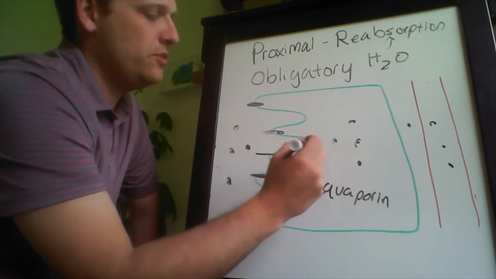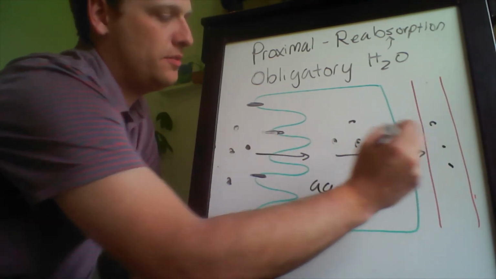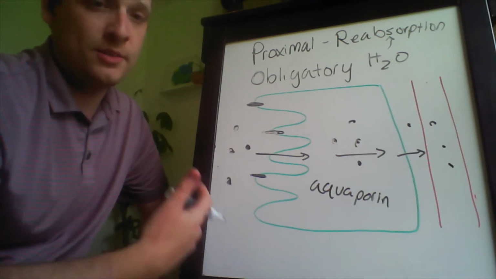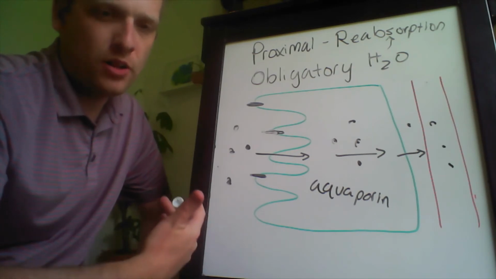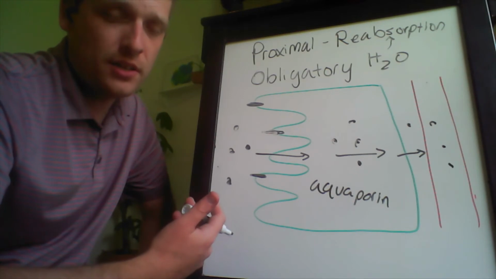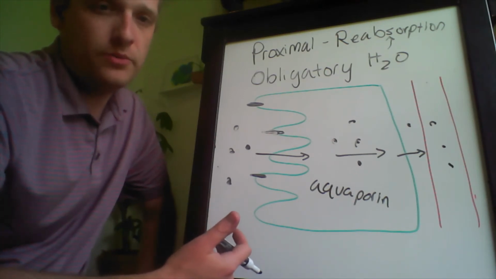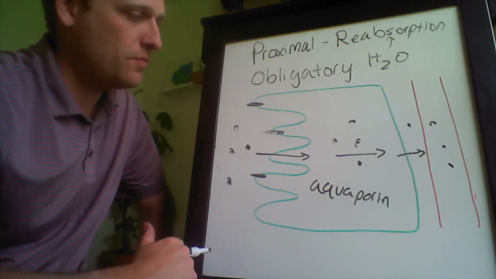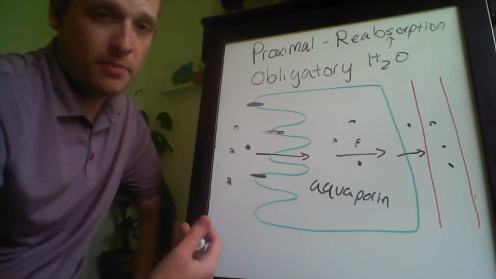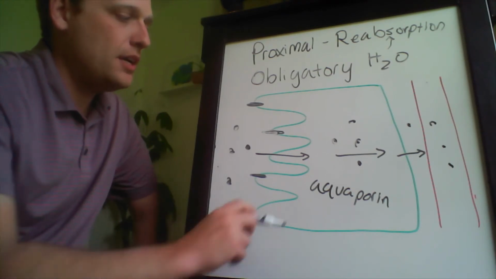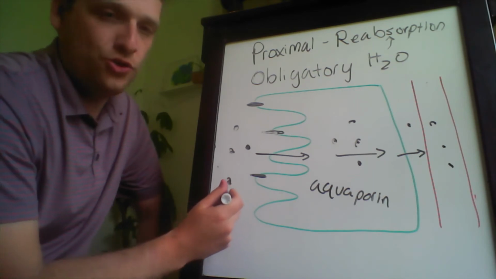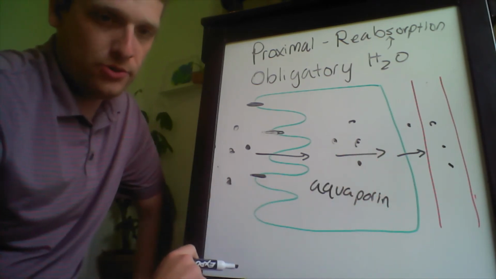So as solutes move, what you'll remember from talking about osmosis is that water follows solutes. So wherever solutes have higher concentration, that's where water is going to go by osmosis. So as all of these different reabsorption processes, the ones that we've talked about previously, are occurring, movement of those solutes in this direction is also going to draw water out of the filtrate.